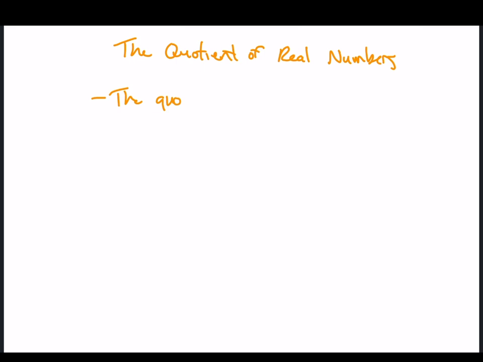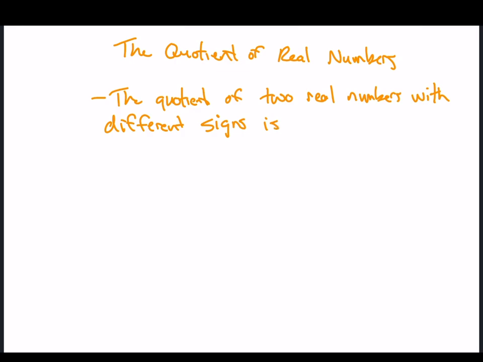The quotient of two real numbers with different signs, just like multiplication, is negative.